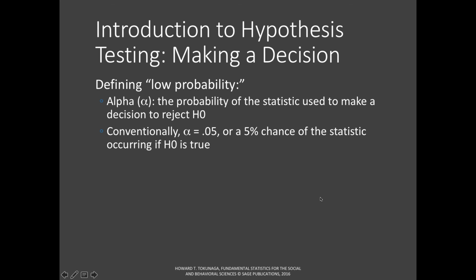So if I say that I have 2 sections of this class, and my null hypothesis is that there will not be a difference between the scores in this class and the other class. My alternative hypothesis is that there is some difference between the final grades of this class and the other class. So when I do the final grade calculations at the end of the semester, I find that there is some difference between this class and the other class.